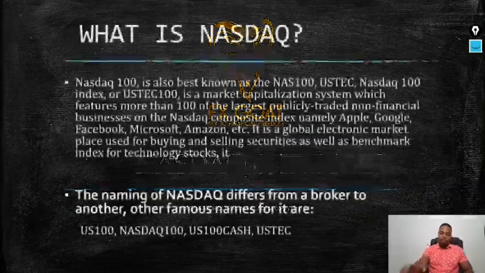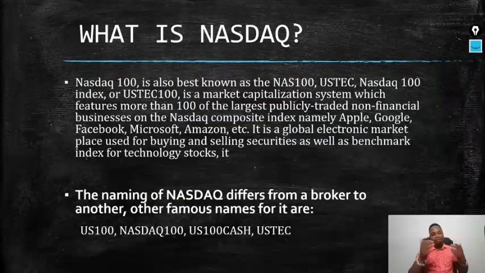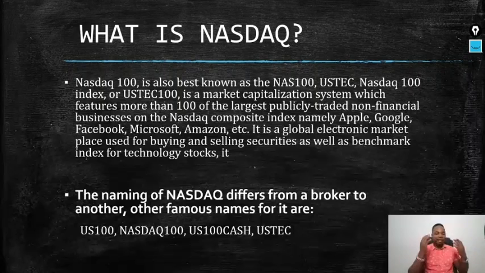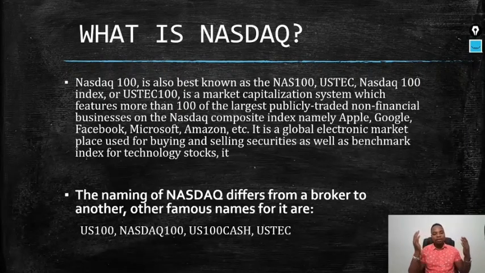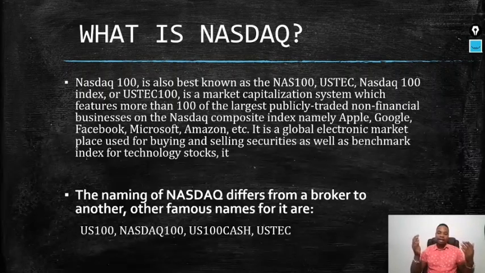Before we jump into anything too hectic, it's very important for you to know the definition of NASDAQ. NASDAQ 100 is also best known as NAS 100 US Tech, NAS 100 Index, or US Tech 100.